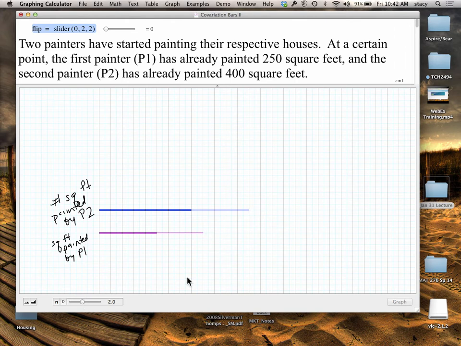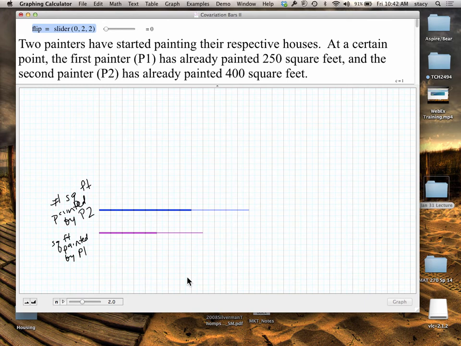Okay, so painter 1 came back from lunch. Painter 2 came back from lunch. They both started painting, and I'm telling you that painter 1 painted another 200 square feet. So if I were to label what's going on here, well, what have I done, first of all? What do you notice about the bar diagram?